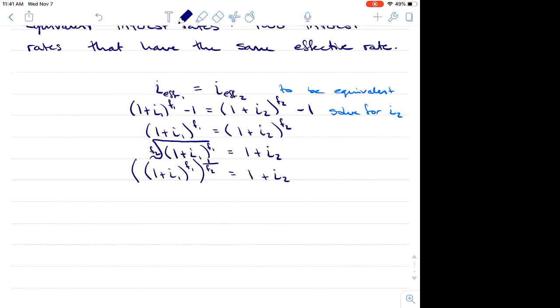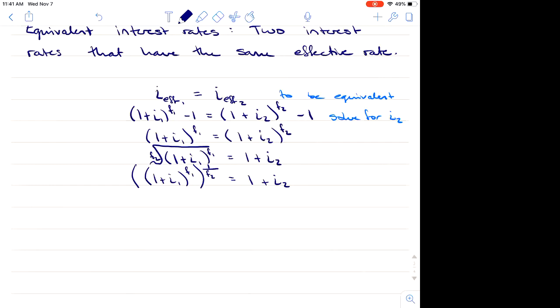Now I can merge these, right? Just multiply across, and that's how I get the F1 over F2 in the power. Nice. 1 plus I1 to the power of F1 over F2 is 1 plus I2.